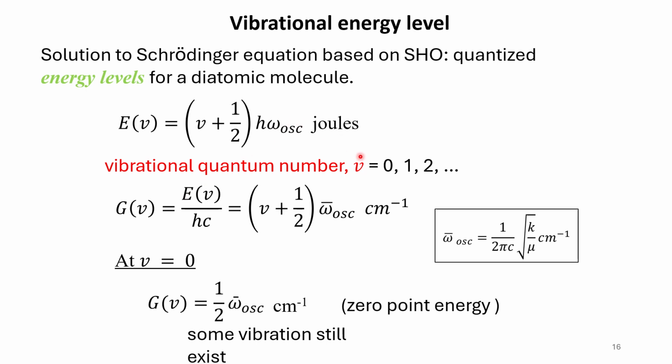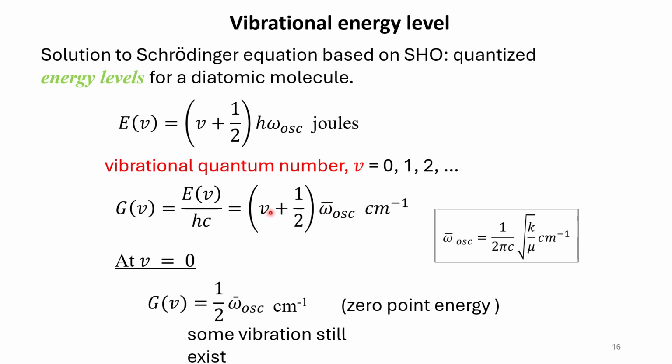For the conversion, we divide the energy in joules by the Planck constant multiplied by the speed of light. Therefore, you will get the vibrational wave number for each level at a different quantum number, equal to (v plus half) multiplied by the vibrational frequency in units of wave number.